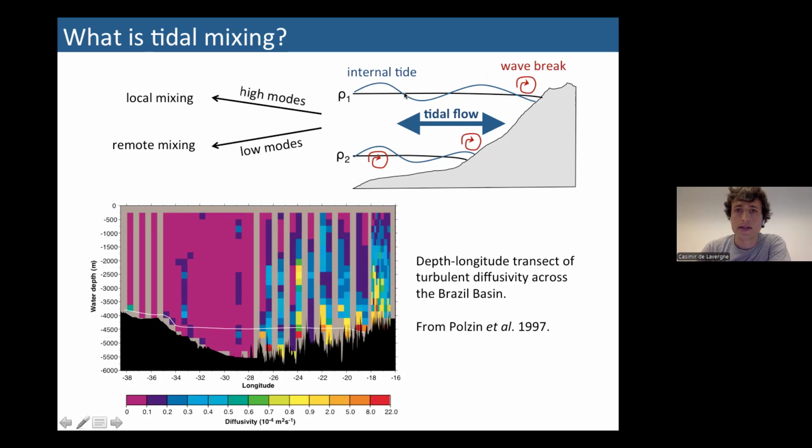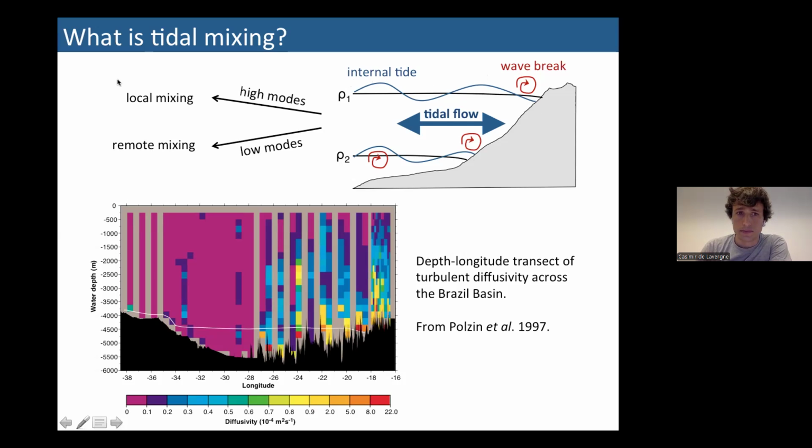And these internal tides, they can be of small scale. Usually we then call them high modes. And if they are of small scale, they are more susceptible to instability, and they will tend to break close to where they are generated here along the topography. And so they will generate local mixing.